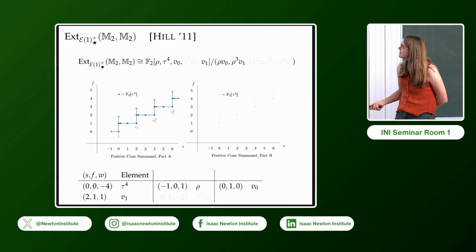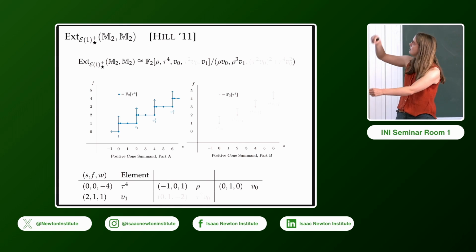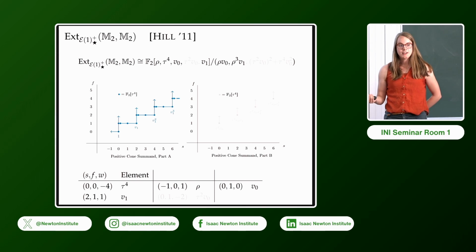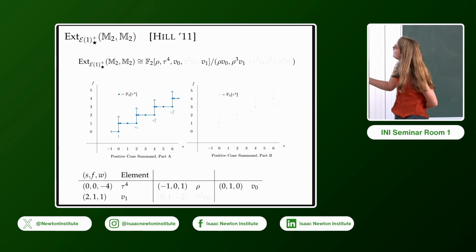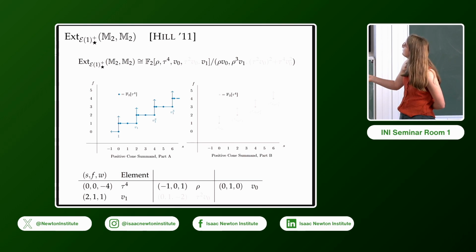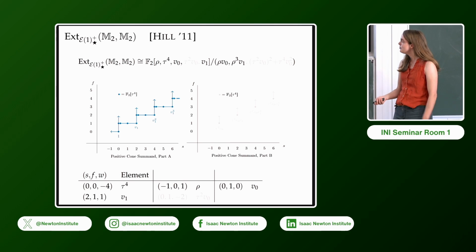And then our next element is v1. v1 is in stem 2, filtration 1, so appearing here in our chart, and we get all of the multiples of that. And we also have our next relation, that rho cubed v1 is 0. So if we look at v1, we multiply by rho, get to rho v1, multiply to rho squared v1, but rho cubed v1 is 0. So that's how we get a chart of this shape.